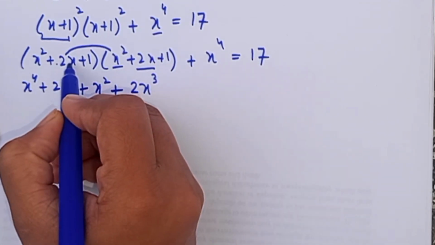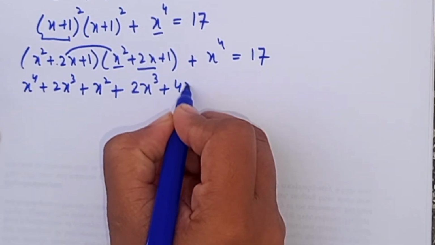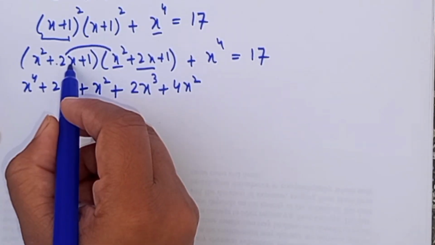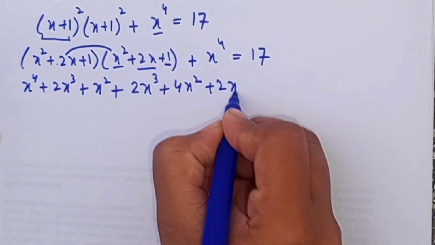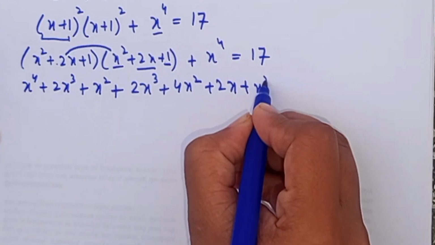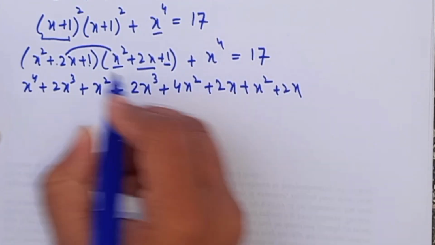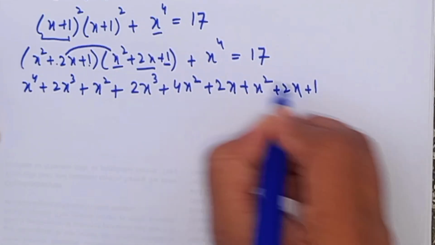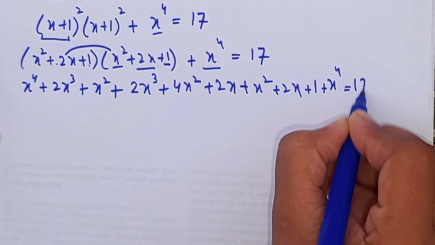Then multiply 2x by 2x, we get 4x^2. Multiply 2x by 1, we get 2x. Multiply 1 by x^2, we get x^2. Multiply 1 by 2x, we get 2x. Multiply 1 by 1, we get 1. And this is plus x^4, equal to 17.